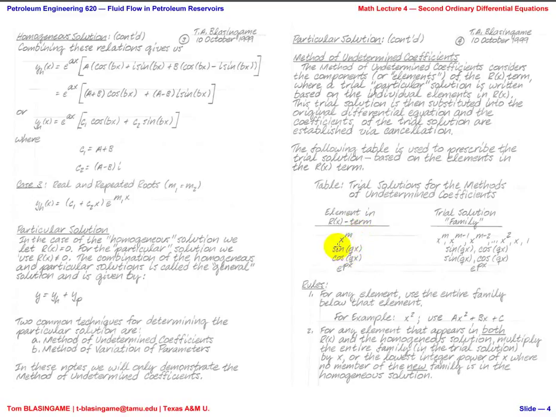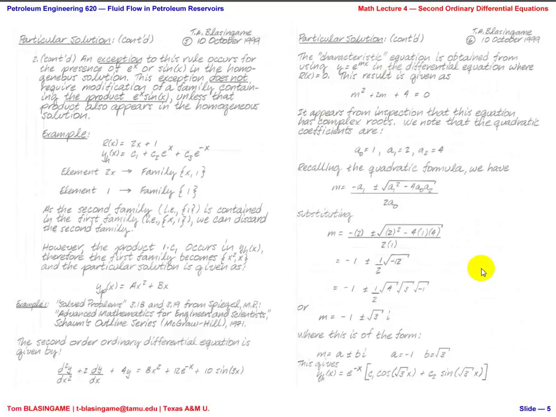Or if R of x is given by a trigonometric function such as sine or cosine, the particular solution has to be given by the sum of sines and cosines, and for the exponential function, you have to assume that the particular solution has this shape. I think this is going to be clearer in the upcoming examples.